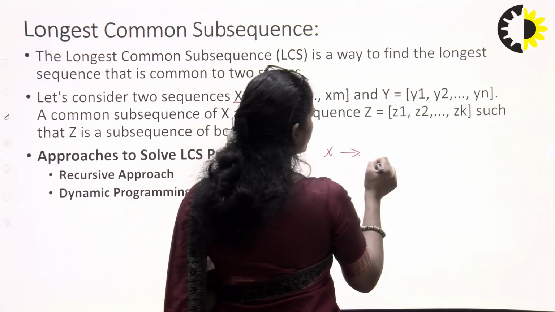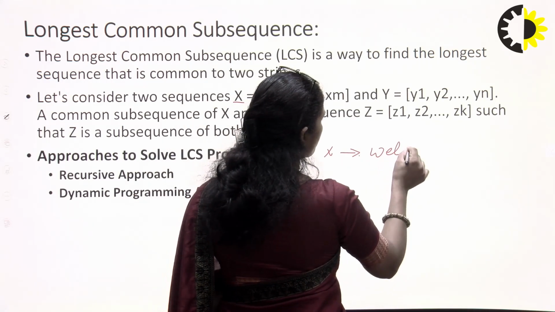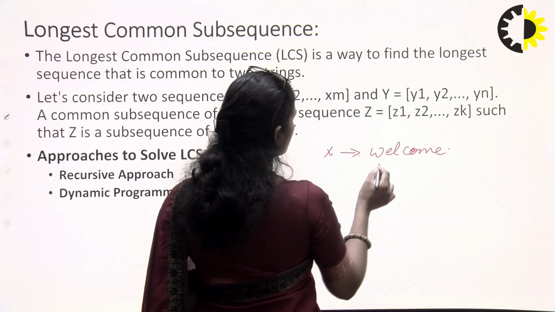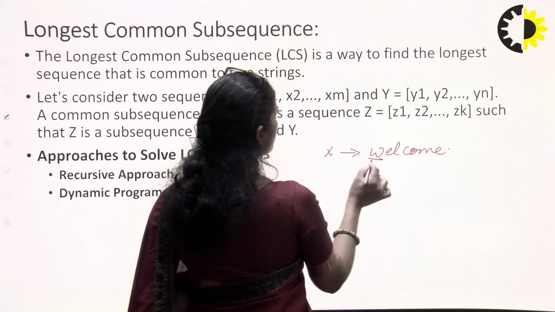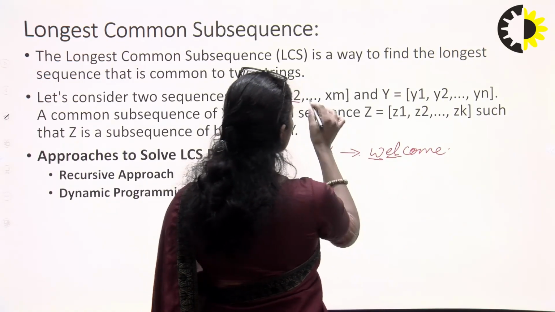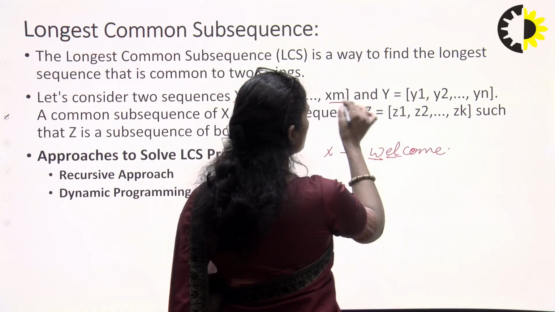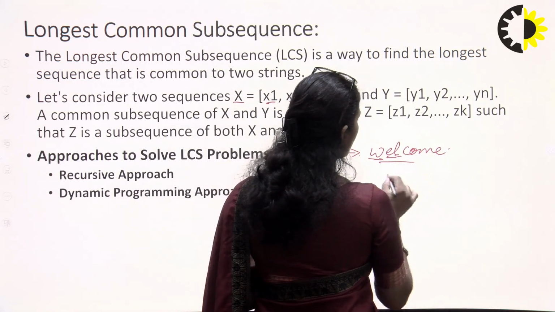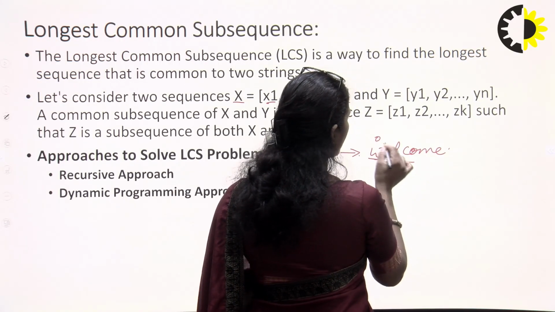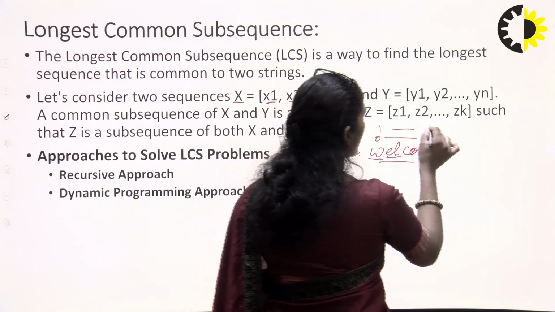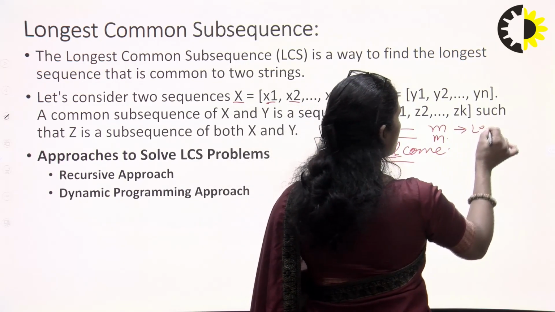Just for example, I'm taking the same example, welcome. Here X1 is W, X2 is E, X3 is L, and we go up to Xm. So this is the length, from 1 to M, the length of the string.